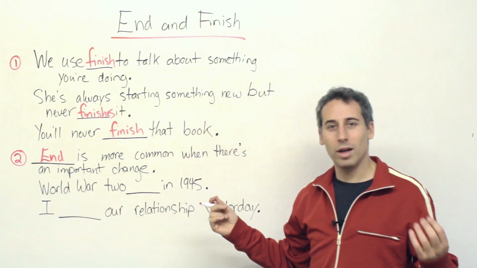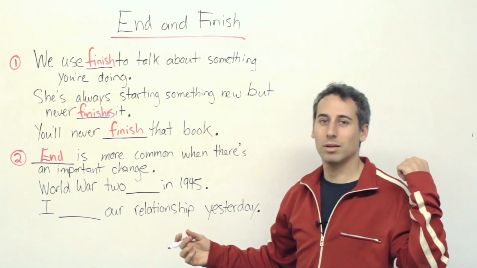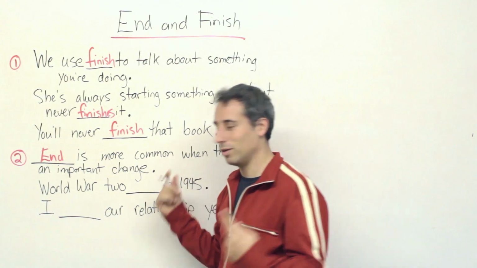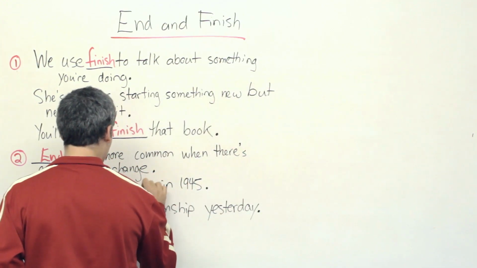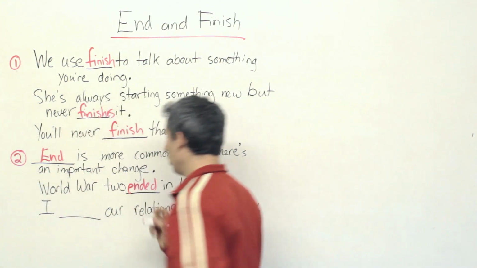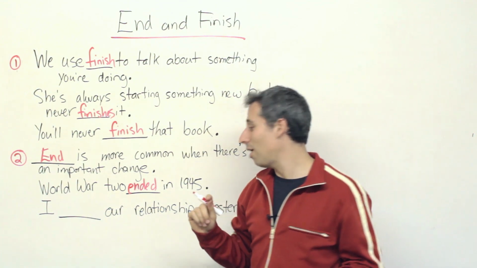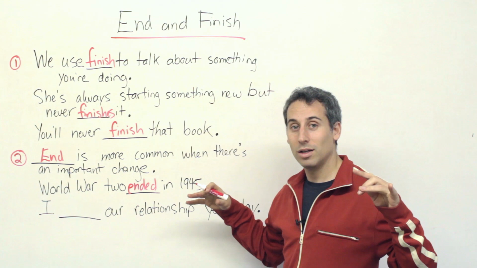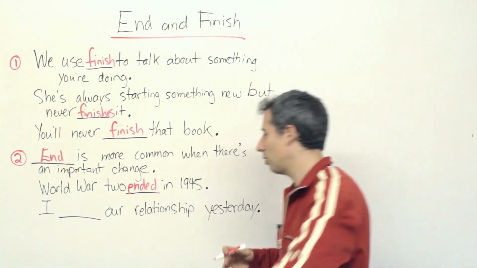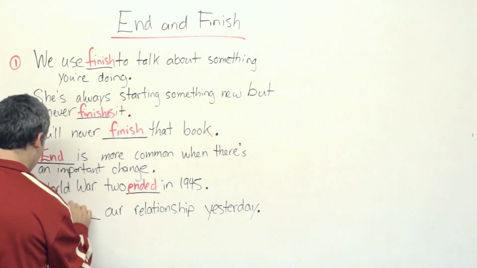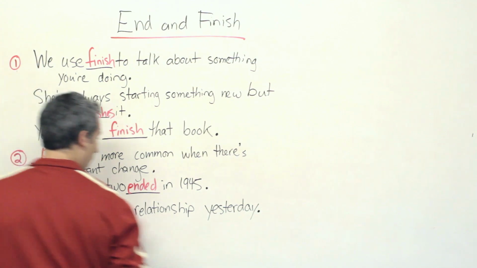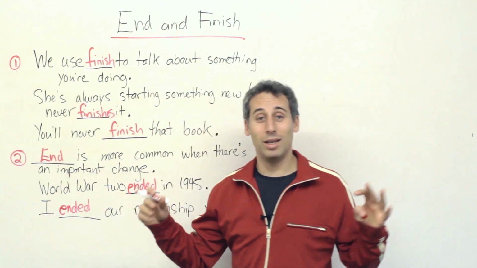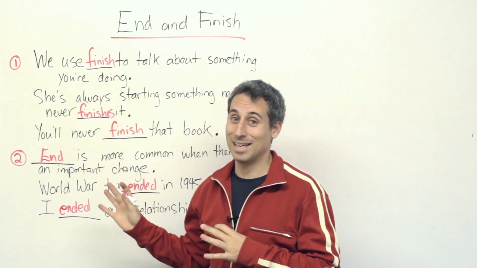I'm talking about when. Is it today? No, it's in the past, so we have to conjugate that. World War II ended in 1945. This is yesterday, not today, so I ended our relationship yesterday. I didn't really, but I've just put that there as an example.